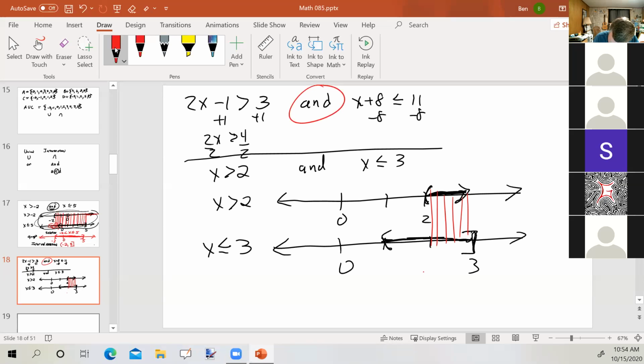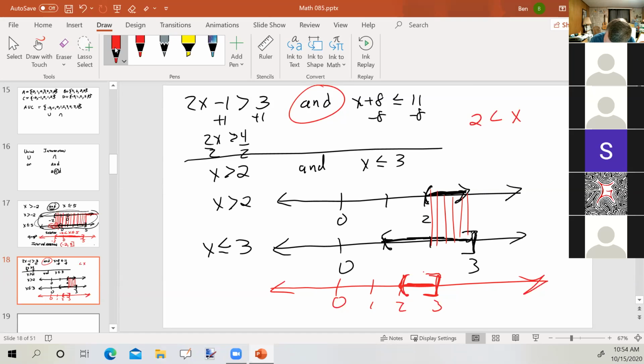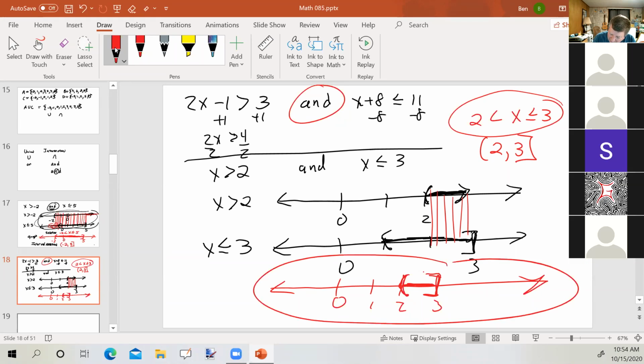So the graph, I'm going to try and fit this all on the same page. 1, 2, 3, would go from there to there. So you'd have a parenthesis at 2 and a bracket at 3. You would say x is greater than 2 and less than or equal to 3, and interval notation would look like that. So you've got the solution, the graph, and interval notation.